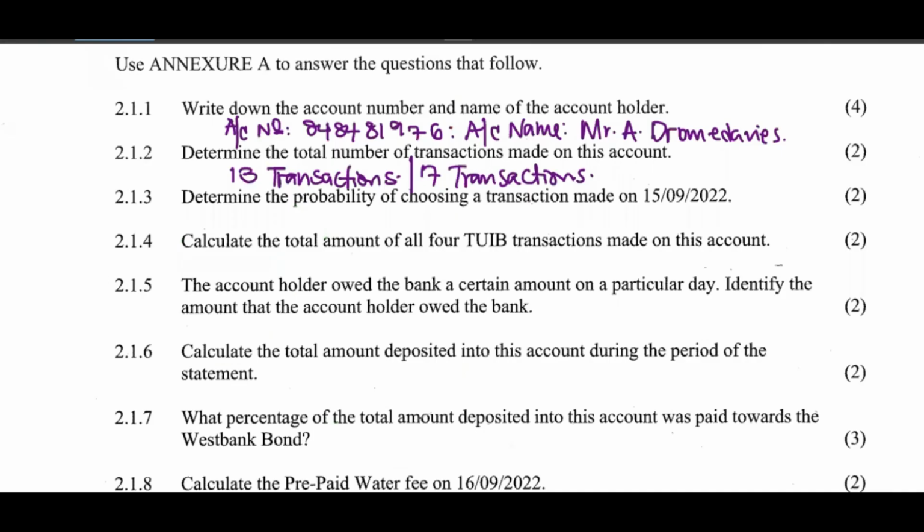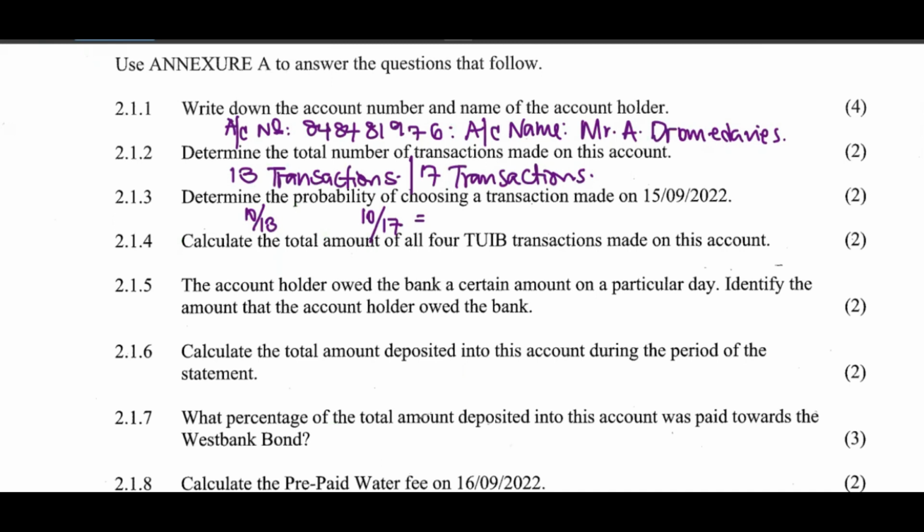So what's the probability? The probability will have to be 10 out of 17. Also, remember we counted 13 transactions at first, so someone who used that count will also be right.